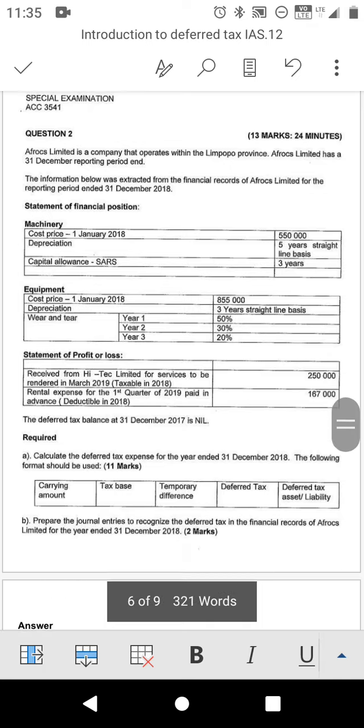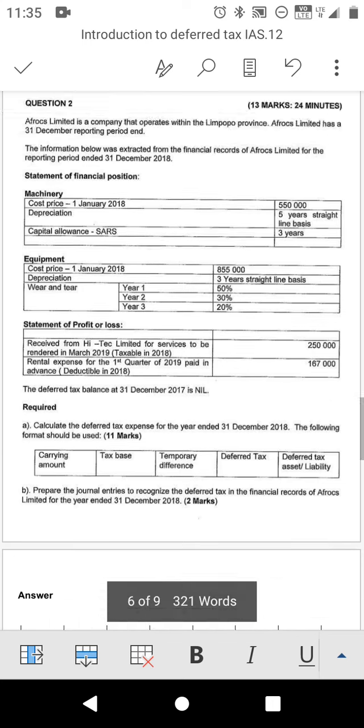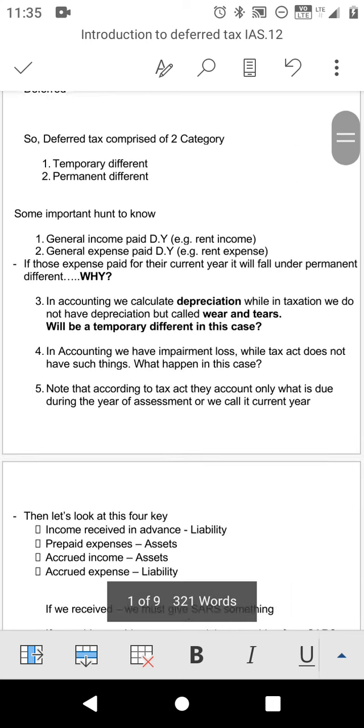Okay? Then let's proceed. Rental expense for first quarter of 2019 paid in advance. This is prepaid expense. In other words, we paid in advance. In a normal transaction, this is an asset.